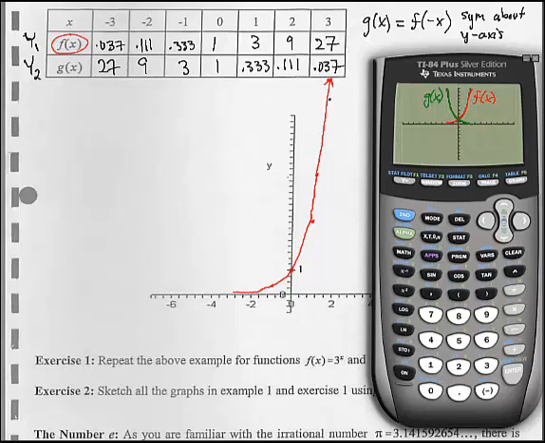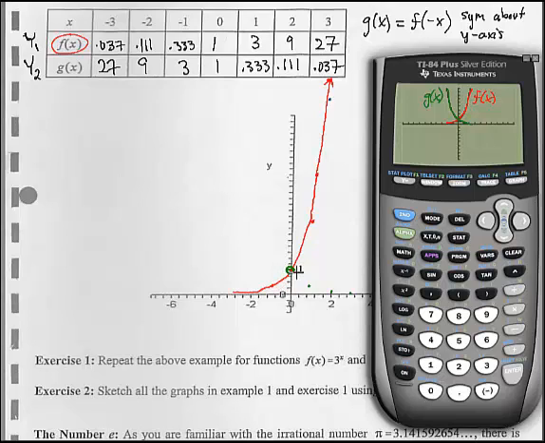Now I'll just go back and plot g of x. Here we have 2 is 0.11, really close to the x-axis. So close I really can't differentiate between these two coordinates. Then as we get closer to 0, 1 is a third. We cross through y equal 1 on the y-axis.